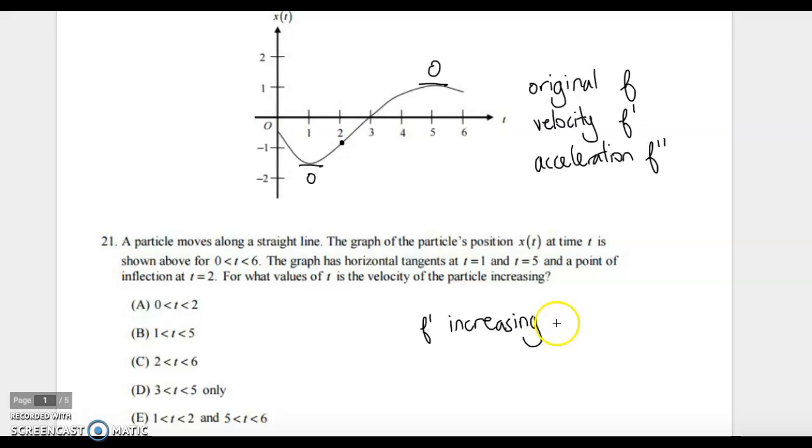If your first derivative is increasing, that means that your second derivative is positive, and then my second derivative being positive means that my original function is concave up.